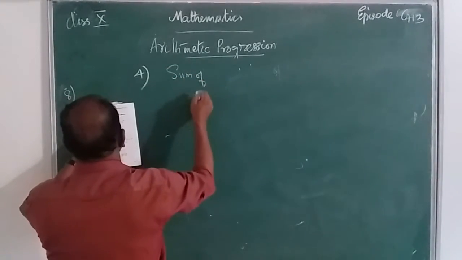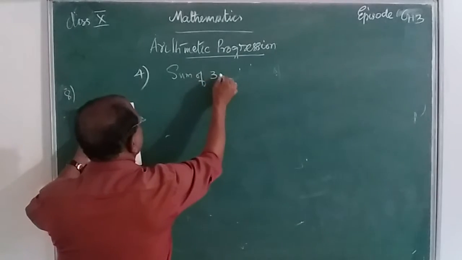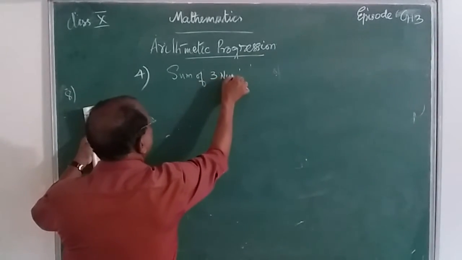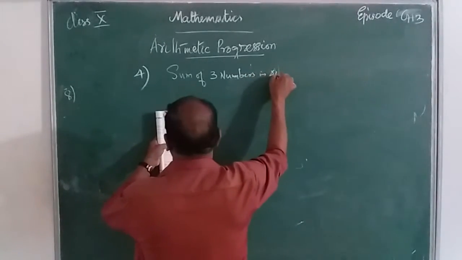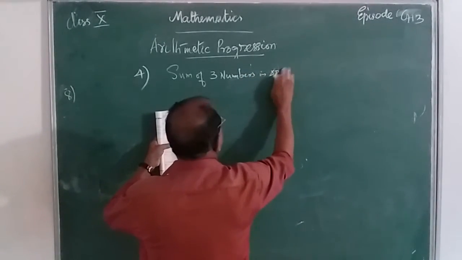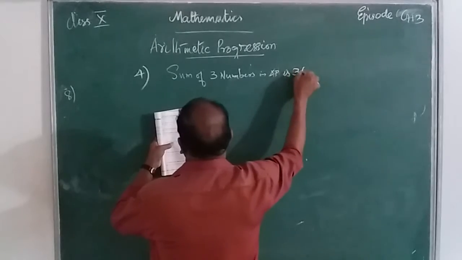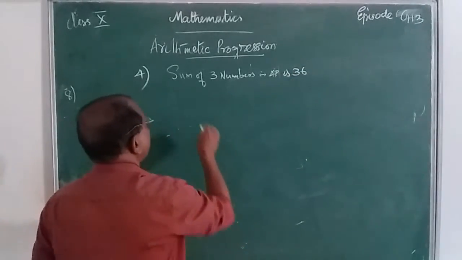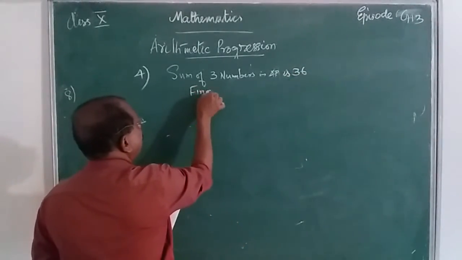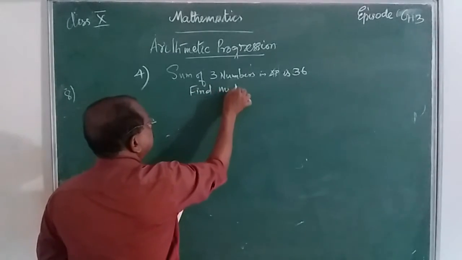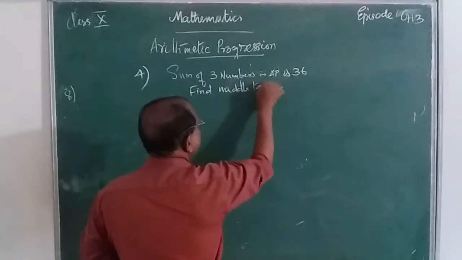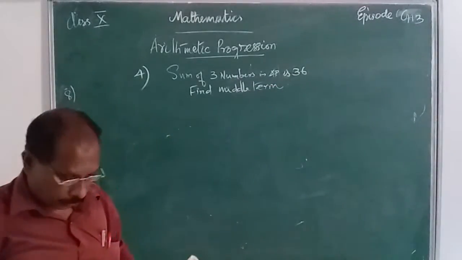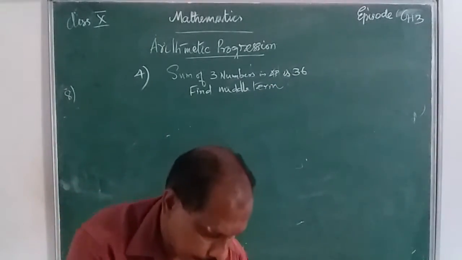The sum of 3 numbers in AP is 36. Find the middle term. This is also another important question.